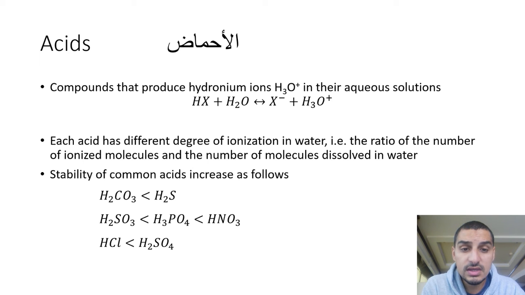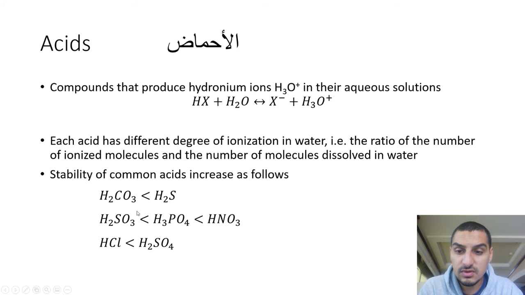So not all the acids produce the same amount of hydronium ions when they are in the aqueous solution, and this is the reason for the different strengths of the acids. Not all the acids are of the same degree of strength.